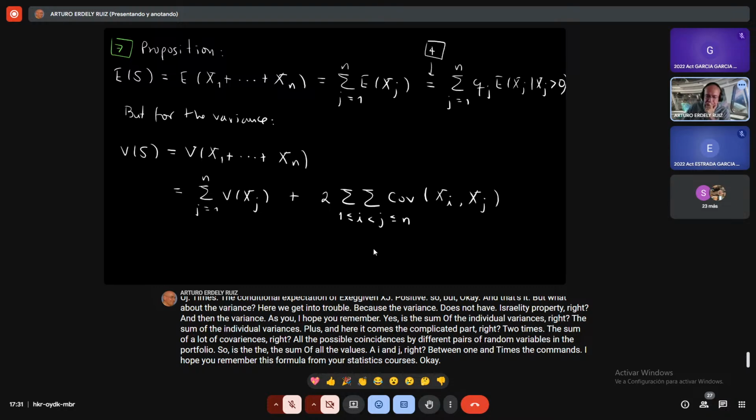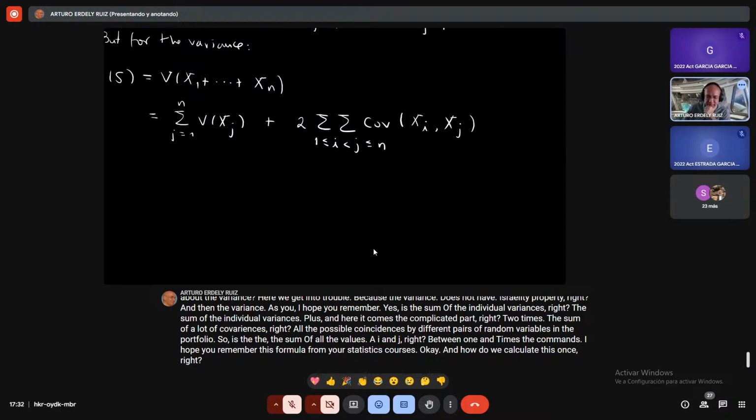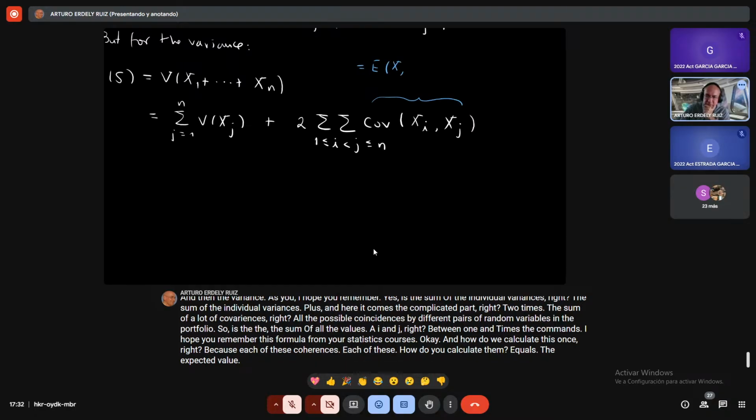And how do we calculate each of these covariances? Each equals the expected value of XiXj minus the expected value of Xi times the expected value of Xj, right?